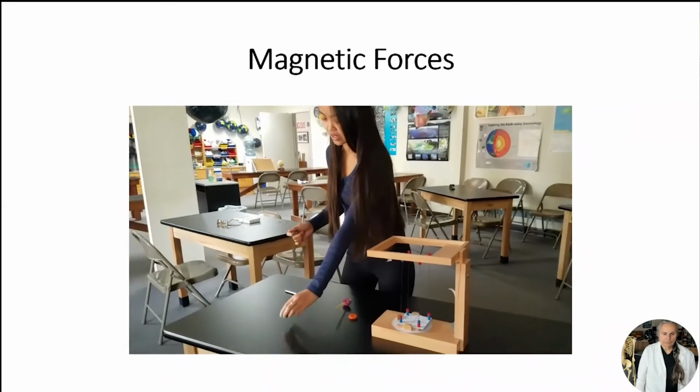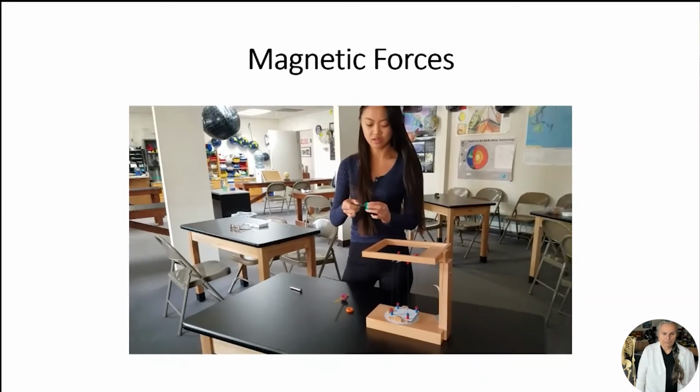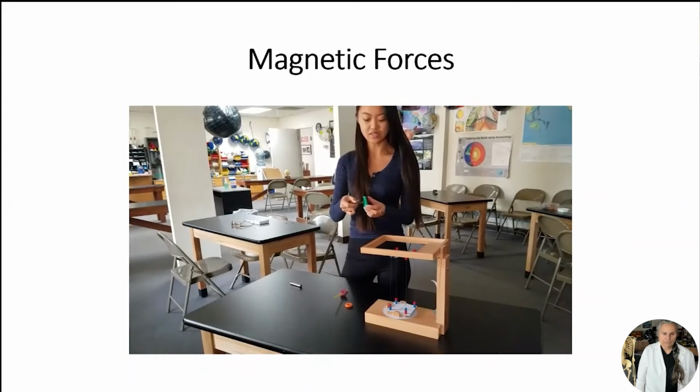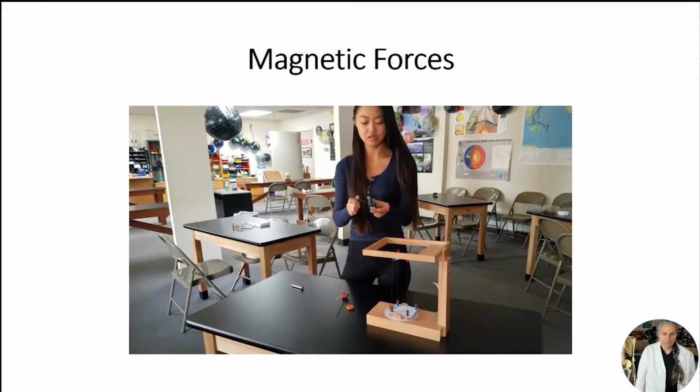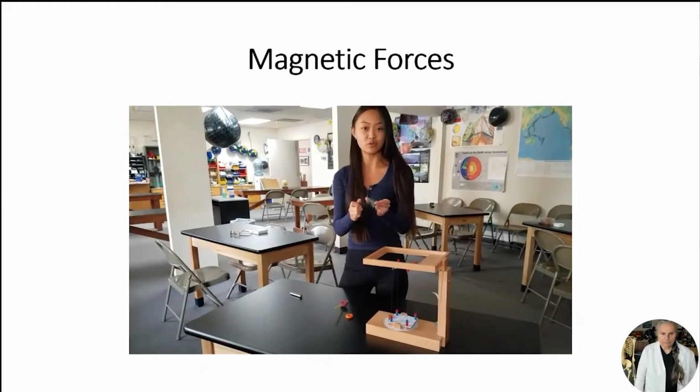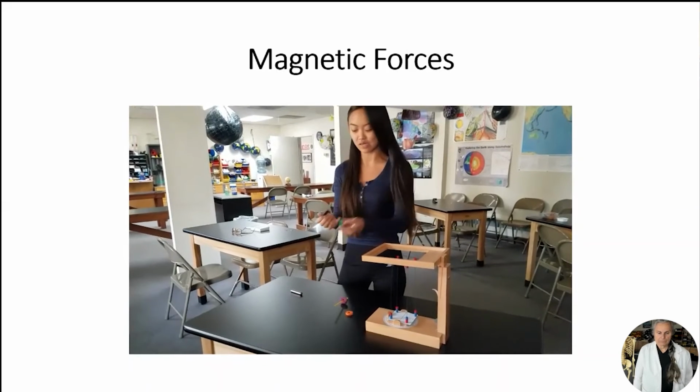So now we can try another magnet here. Remember, this side is the north, and they attract. So this green face here is the south, but if we flip it over to the black side, again, the magnets don't want to touch. So this is the north face of this magnet.